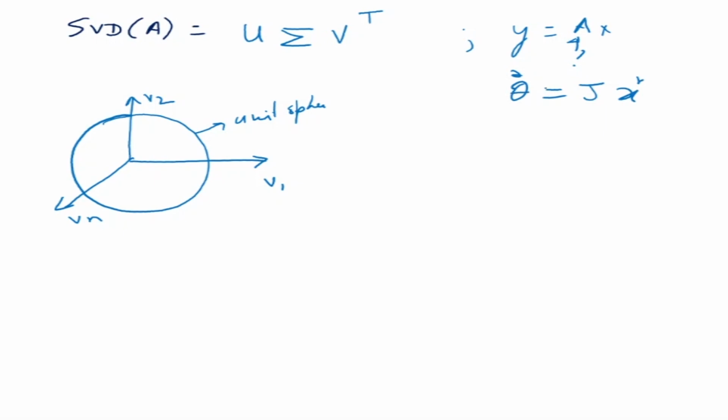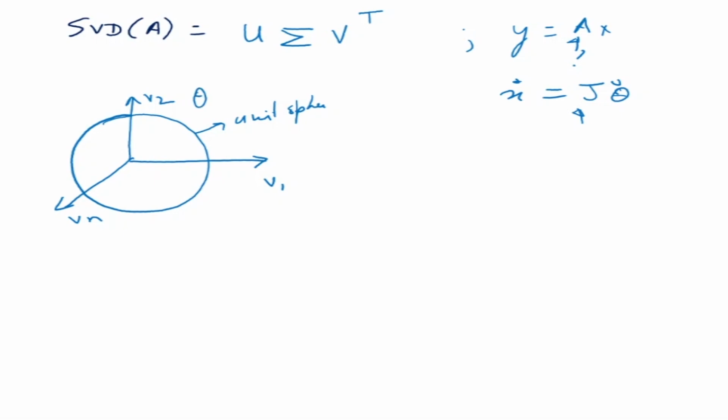Now suppose I say that your input velocities are constrained in a unit sphere. Then what is this operator doing? Or sorry, it's the other way around, I did not write it correctly. x dot is equal to J into theta dot. So what is this operator J doing?